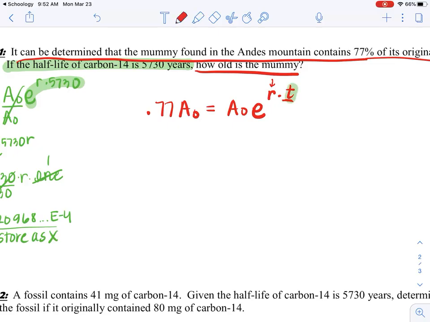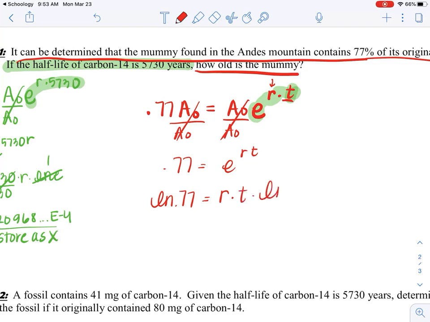Okay, I'm solving for T, which is an exponent. So I'm going to try to log both sides, but I can't do that until the base and the exponent's by itself. So first, I'm going to divide both sides by A naught. I have 0.77 equals e to the rate times time. Natural log both sides.